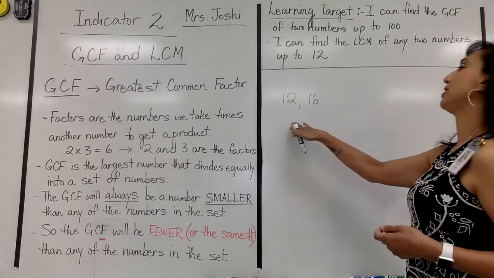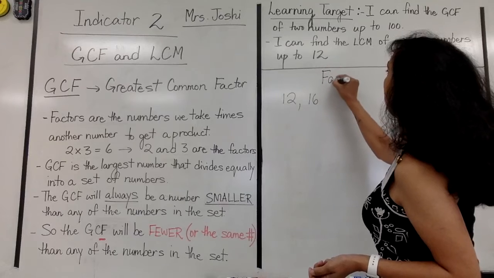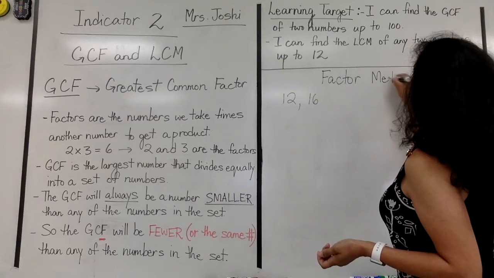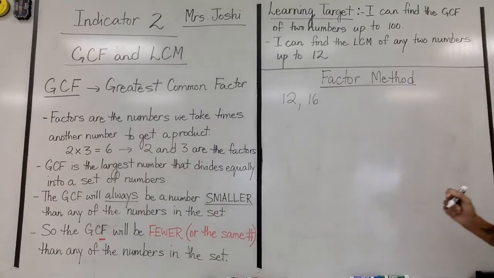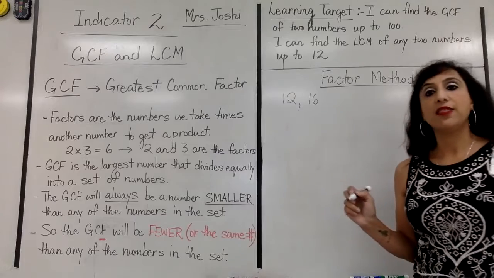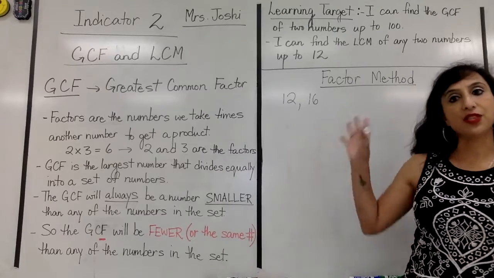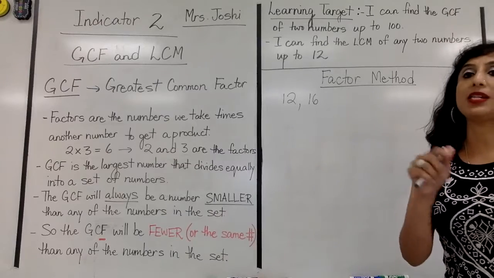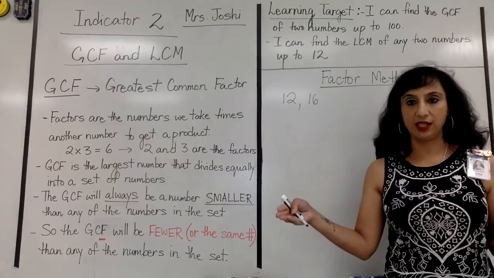So if I say 12 and 16, one way to do this is the factor method. In this, I'm going to try to find the factors of 12, and then I'll try to find the factors of 16. Remember what I said factor was: a factor is when you are multiplying two numbers that gives me the product.